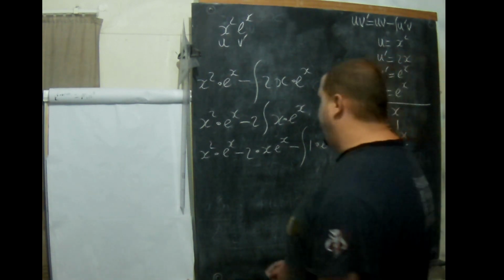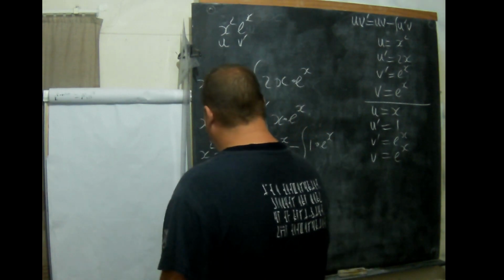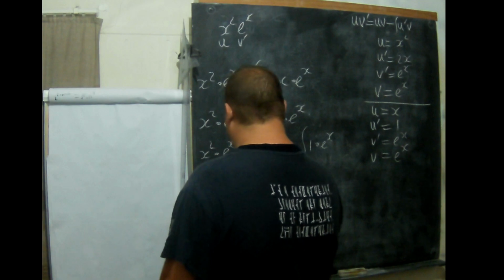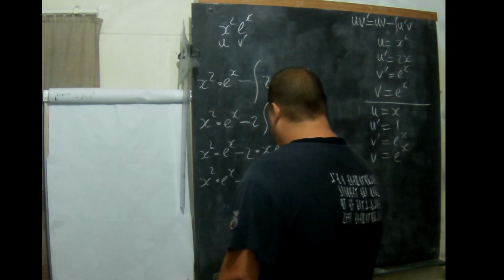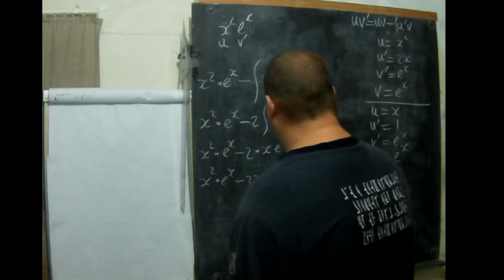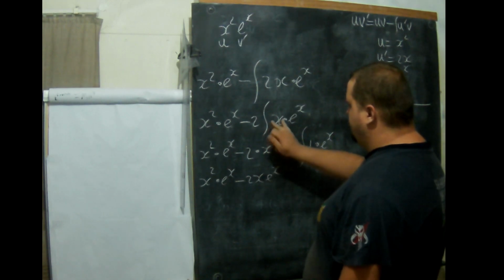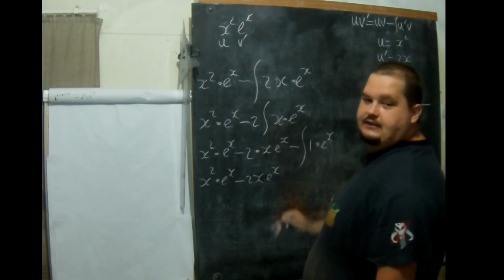So what we have now is x squared times e to the x minus 2x e to the x, because we took the 2 outside the integral sign over here, so that would be multiplied with whatever is inside it.